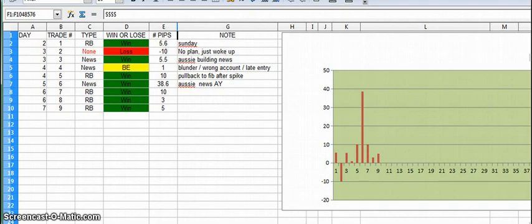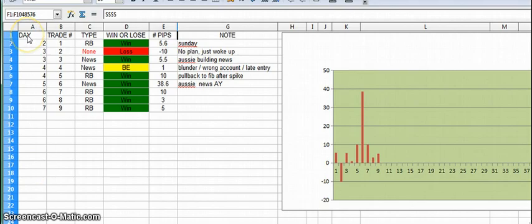Okay, and that's all I had for good trade examples so far from March, but I also wanted to show you just exactly how I keep track of my trades, and I do this every month. So this is just an Excel spreadsheet.